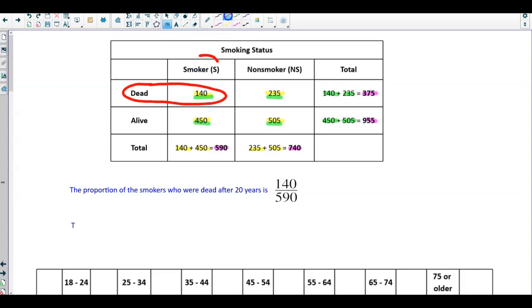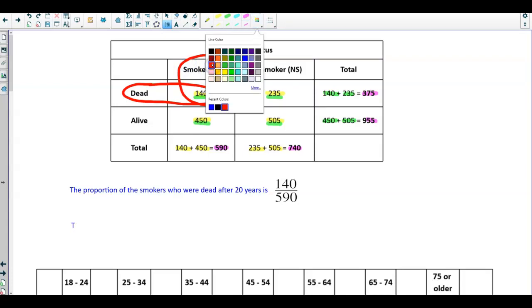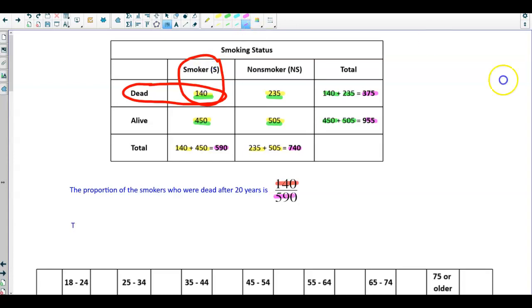The smokers that were dead give us a value of 140, and then we divide it by the total of 590, and that gives us the following proportion: 0.2372.